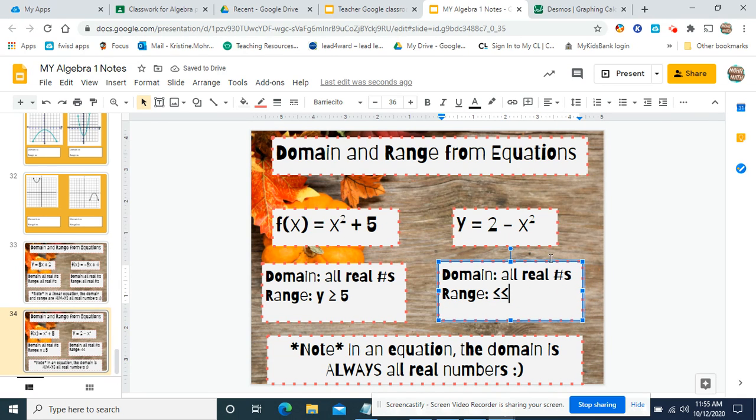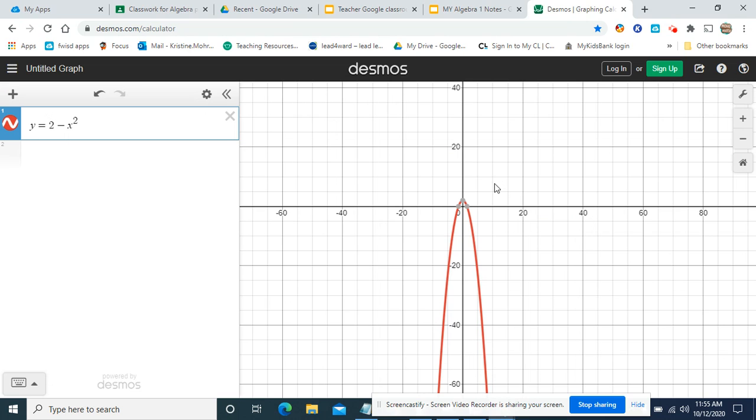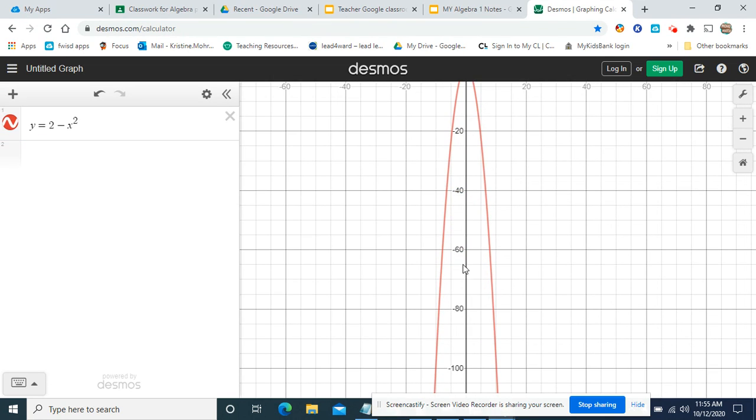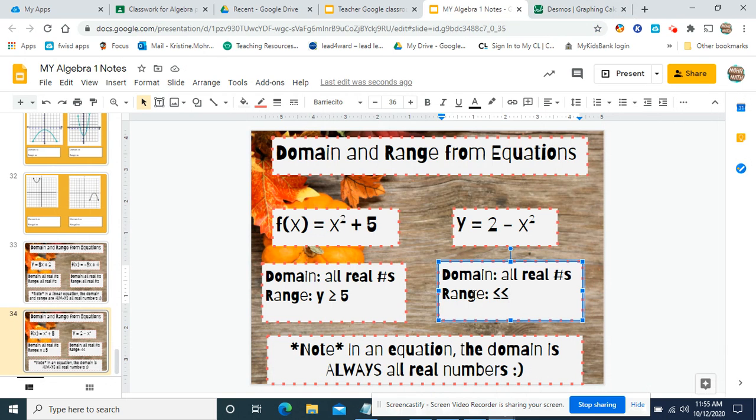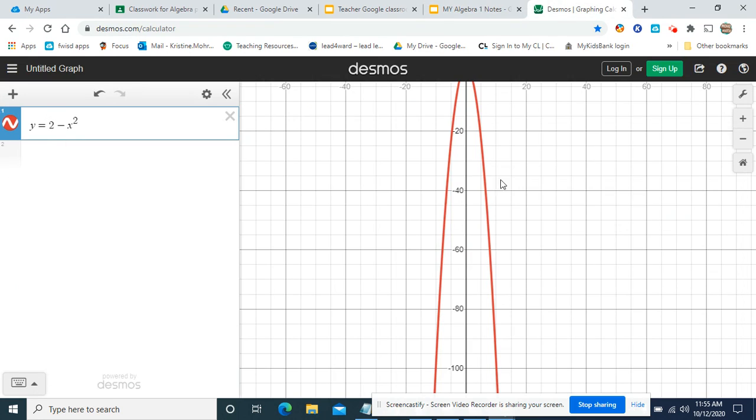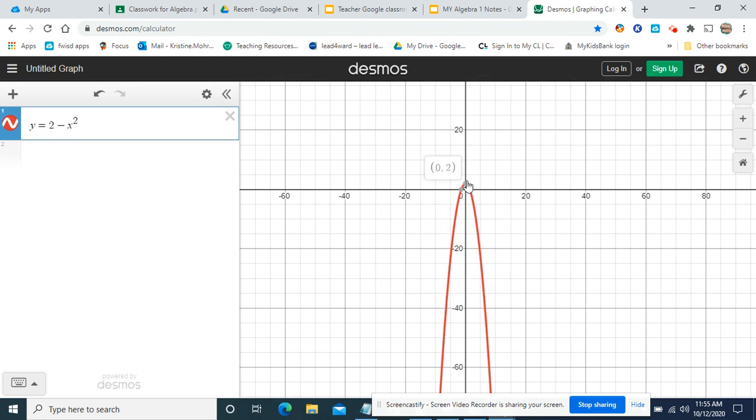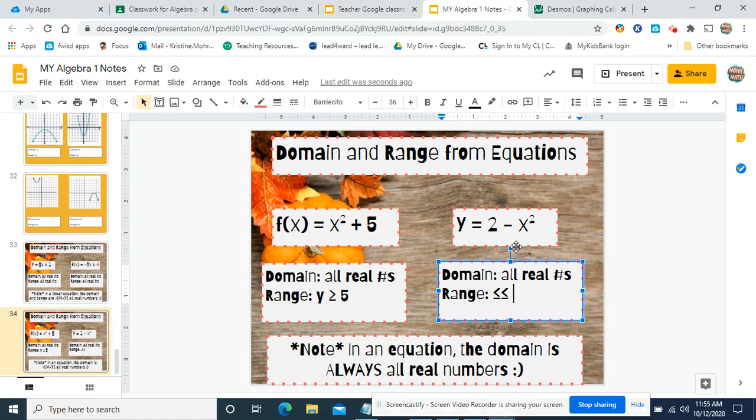And then our range is what we need to figure out. So our range this time, we start from the bottom and move up, but we notice again there's no starting point at the bottom. So there's really nothing to write on the left side of this range. But we do have that highest point in this case. The highest point is going to be 2. So it stops at 2. It doesn't go any higher than that.